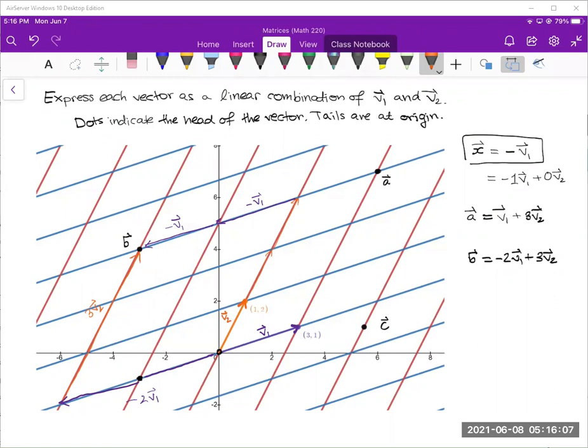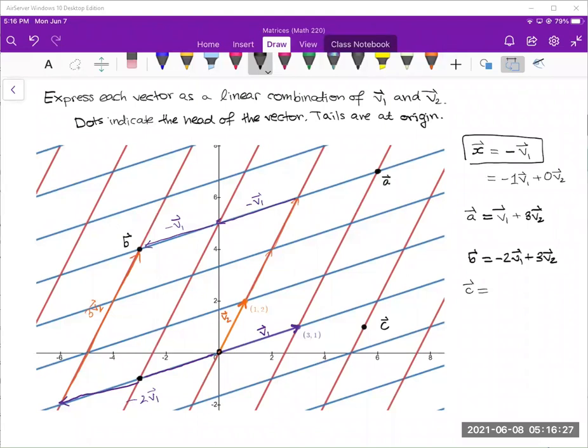Okay, one last example. We're going to look at how we get to the vector c. Notice this time that c is partway along one of these lines. So we'll produce the best estimate that we can here.